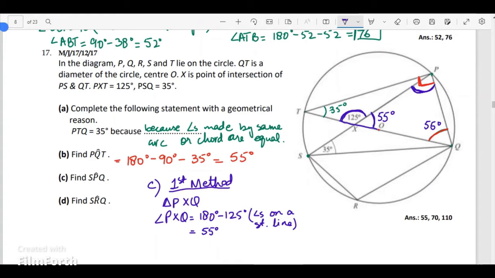Now if I look at triangle PXQ, that I already wrote earlier, so no need to write again. Okay, so if I look at triangle PXQ, two angles are already known to me. This was 55, it looks like 56. Let's make it clear. Okay, two angles are already known to me.